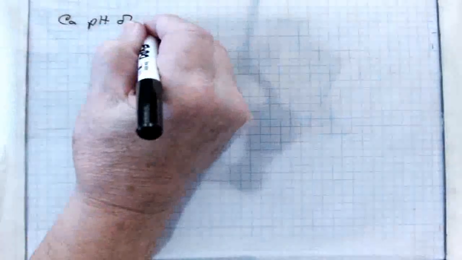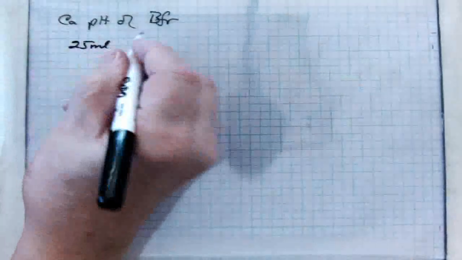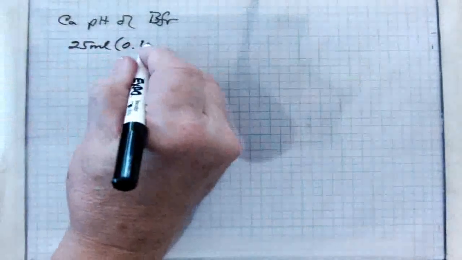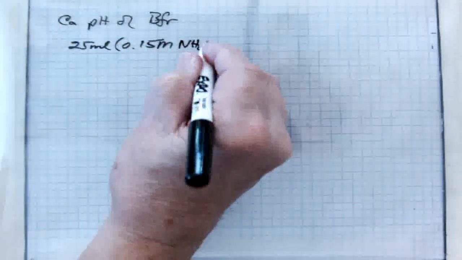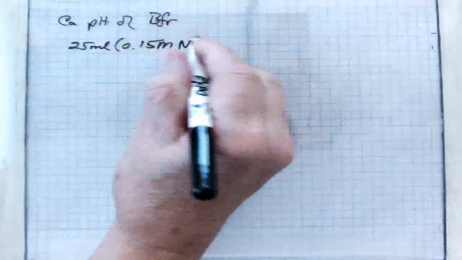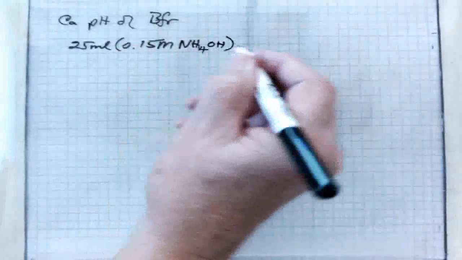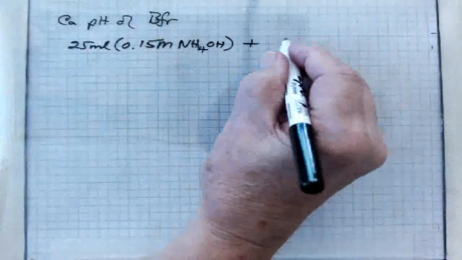Now I'll show you how to deal with this. This becomes moles if you go molarity times volume. In liters, 0.025 times 0.15 is moles of ammonium hydroxide, plus 0.03 times 0.20 mole of the ammonium chloride.